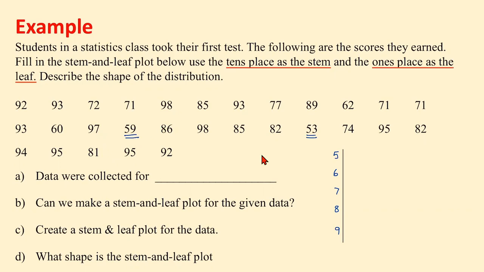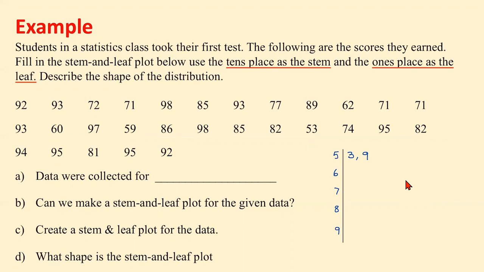Those are the two numbers in 50s. So we write it as 5 and 3, that is 53, and then 9, 59. That's how we can separate the number and write it as stem and leaf. So that is for the numbers in 50s.